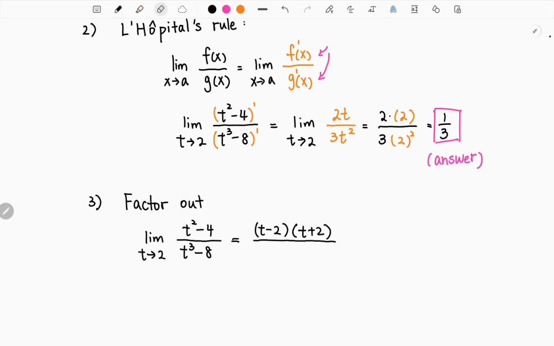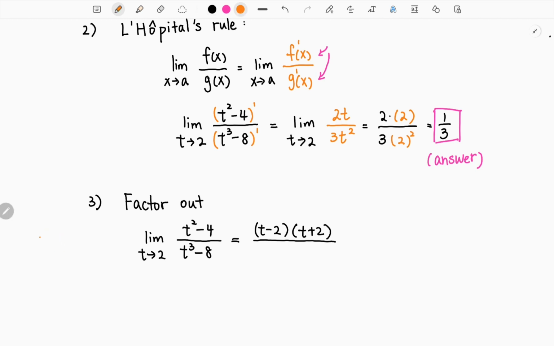And on the bottom we have t to the third minus 8, and we want to factor that out. If you remember the equation or can just do it in your head, that's great, but I don't remember. So if you don't remember, you can also figure it out by doing long division.